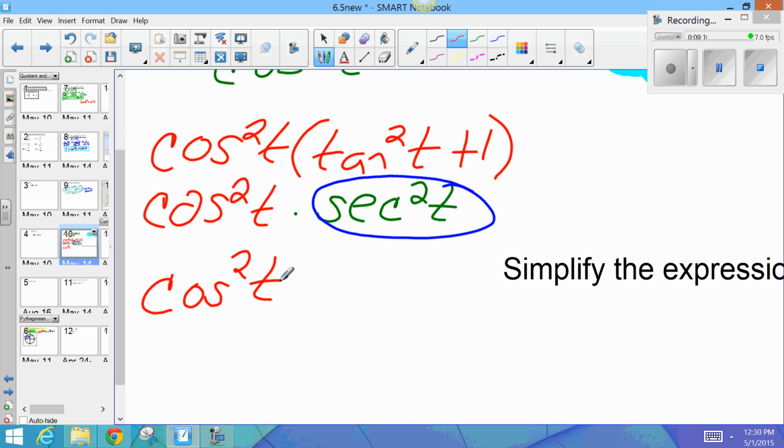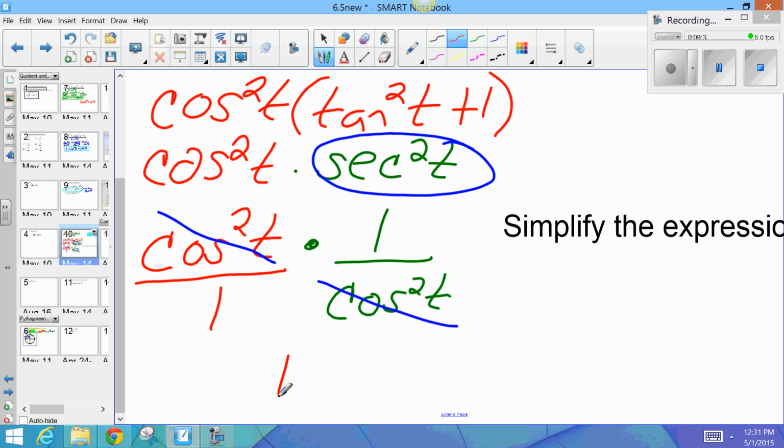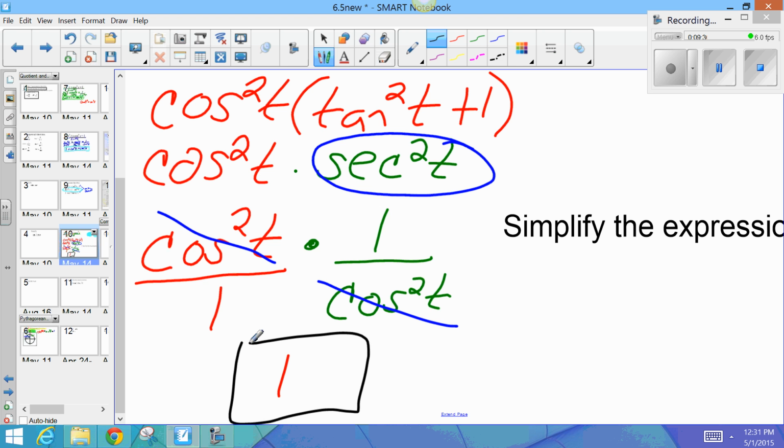That's the reciprocal of cosine there. So I'm going to write that as 1 over cosine squared of t. Okay. And so here what happens is this, we've got a common factor on top and bottom that cancels, and all of this is equal to 1. So this is my answer in simplest form right here, 1.